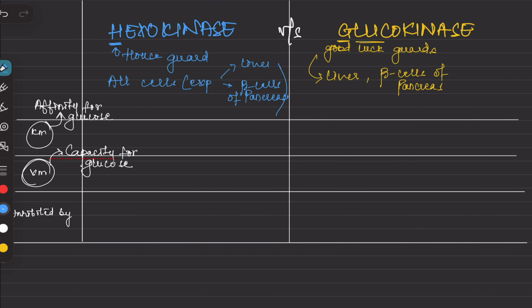Now we saw that hexokinase will be functional even with minimal amount of glucose. Even if there is minimal rain, all of the house guards will be running and taking all the glucose as much as possible and storing it into the house as glucose 6-phosphate.